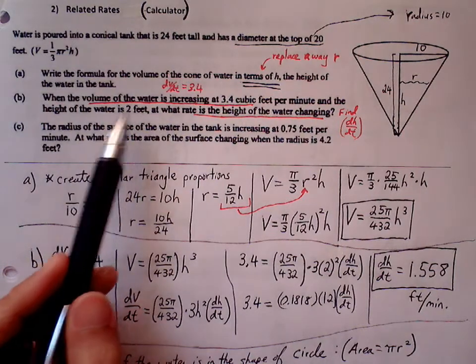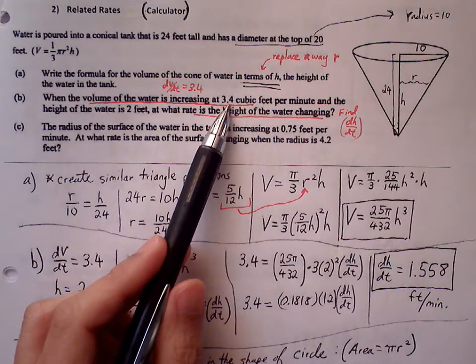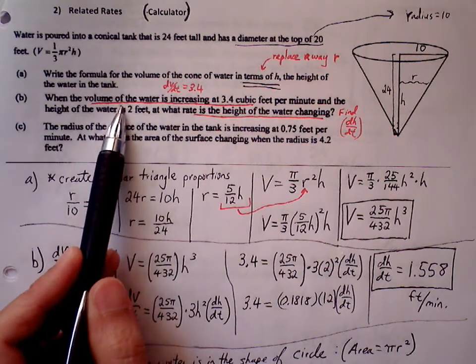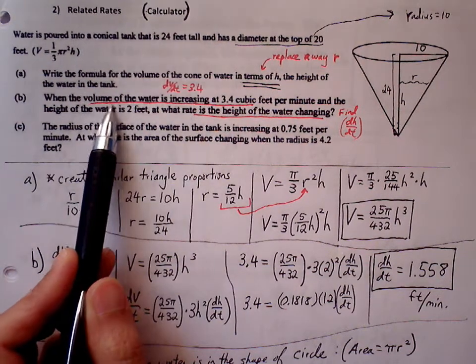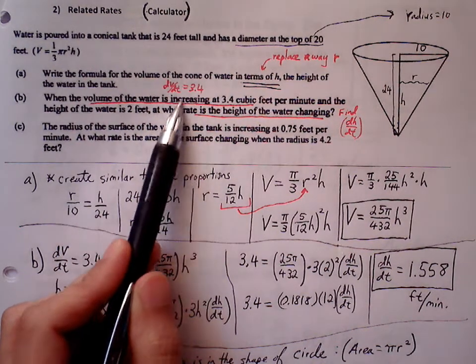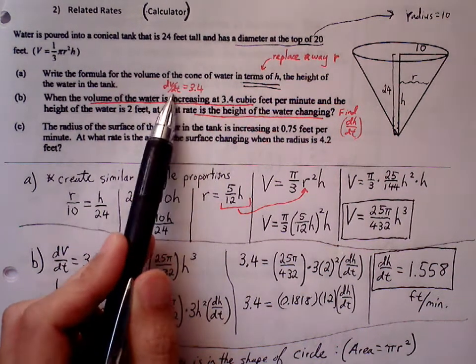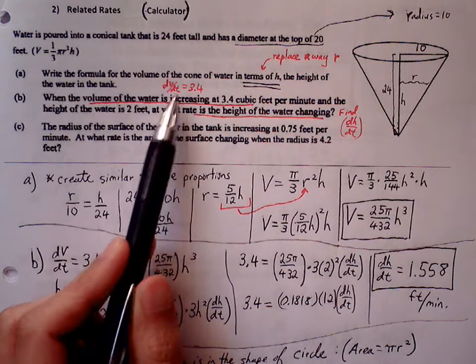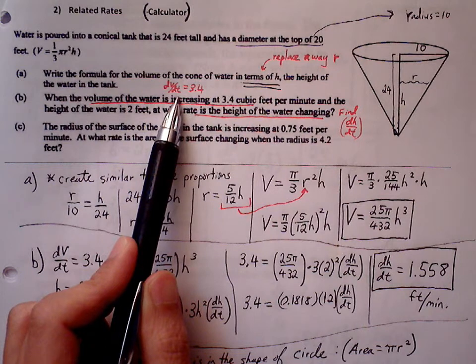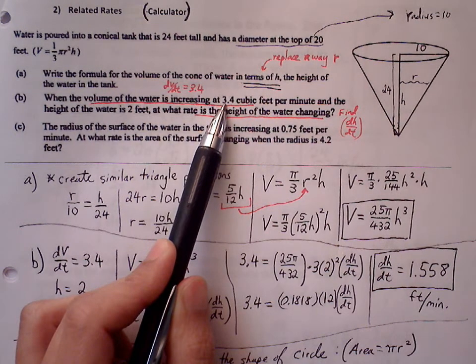Part B. When the volume of the water is increasing at 3.4 cubic feet per minute. So it's not just going to be V, it's going to be dV over dt because there's a rate involved, and it's positive because it's increasing, so dV dt is 3.4.